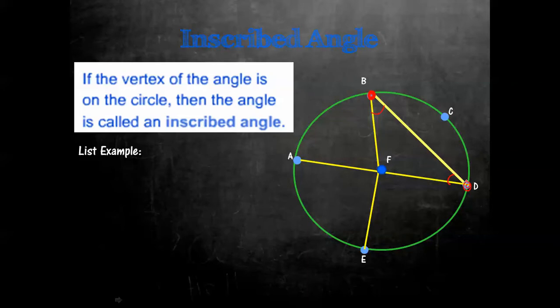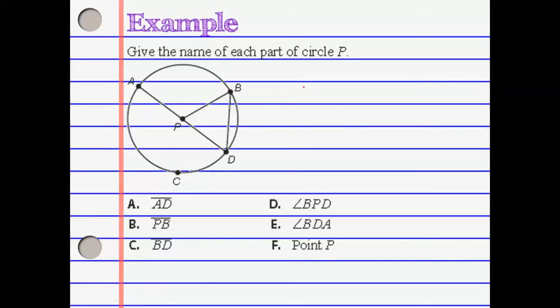Here would be another inscribed angle where the vertex is on the edge of the circle. So here we could label that as angle FBD, or angle FDB. Okay, so those are two inscribed angles.